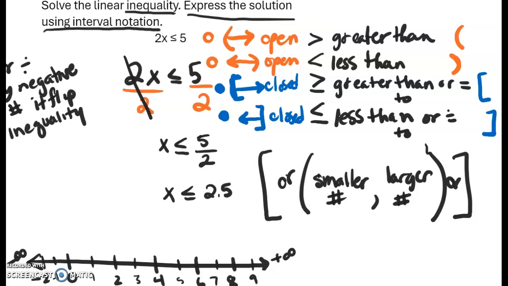I believe WebAssign will use a bracket, but we'll take a look at it. And then because this is less than or equal to, it's going to be the numbers that are below 2.5. Oops, I put that in the wrong spot.